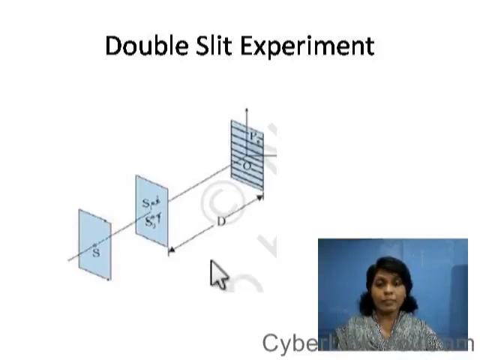What happens here is, these two slits now act as sources of wavefronts according to Huygens' principle. They can emit wavefronts, they can behave as individual sources.